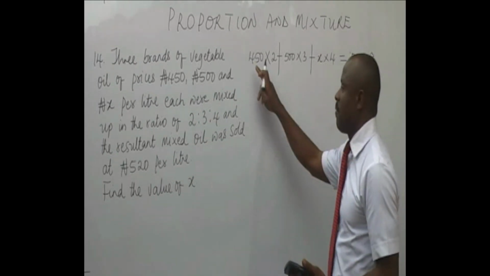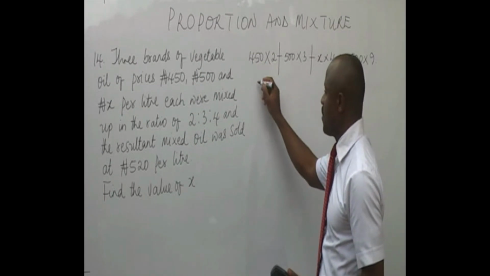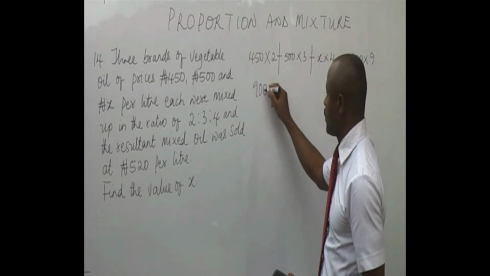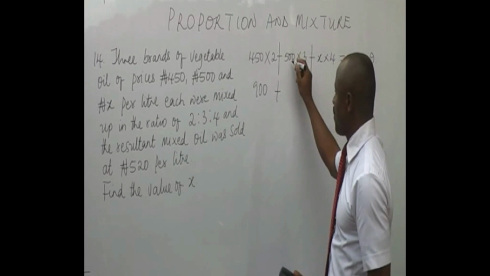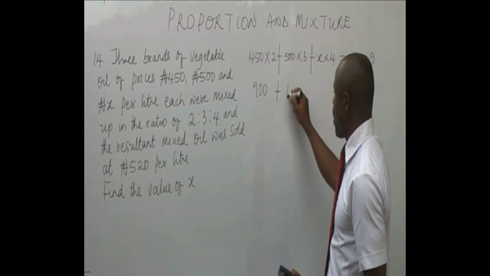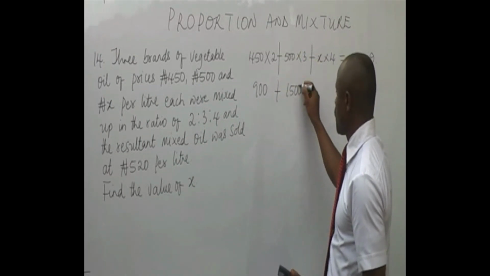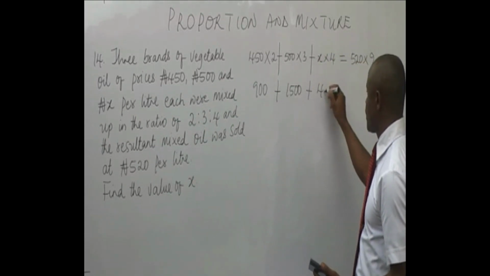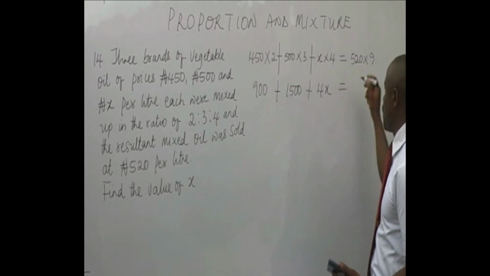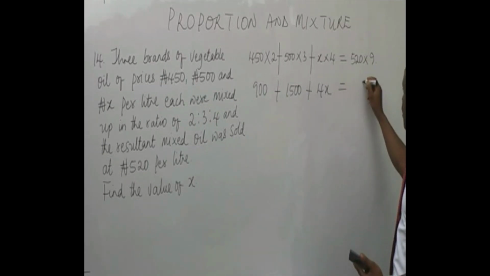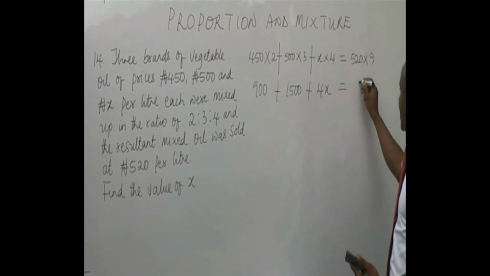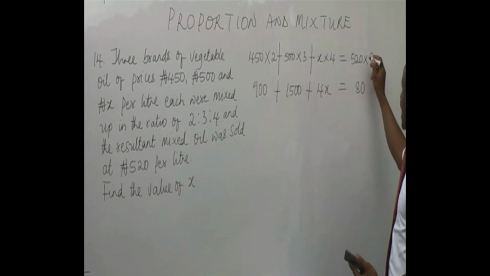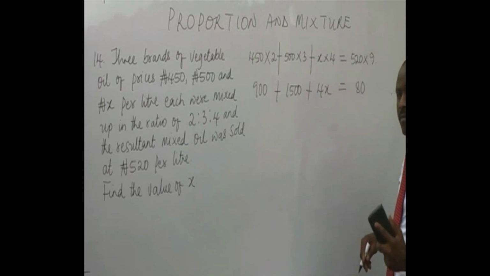Let's go. 450 times 2 will give you 900. Plus 500 times 3 will give you 1500. Plus x times 4 will give you 4x. Is going to be equal to 9 times 0 is 0. 9 times 2 is 18. Raise 1. 9 times 5 is 45.